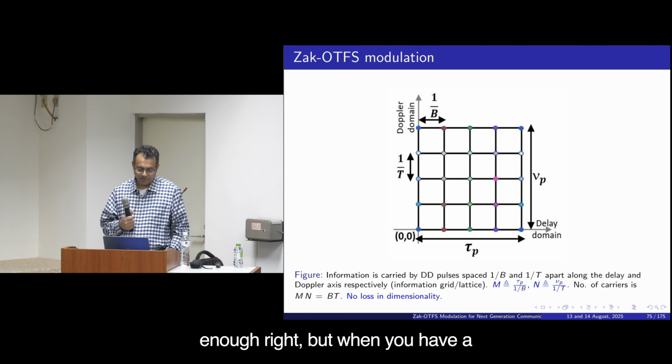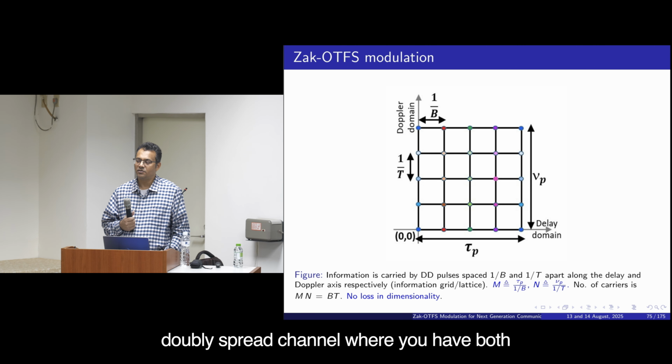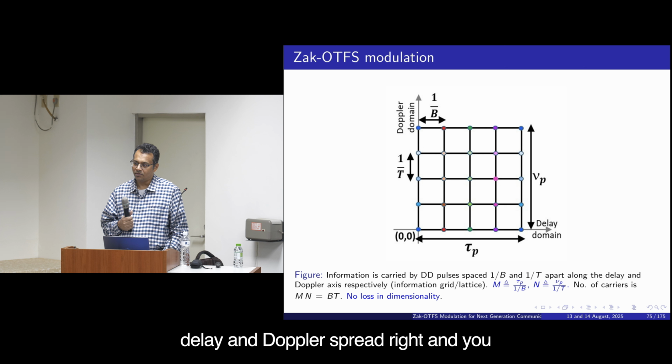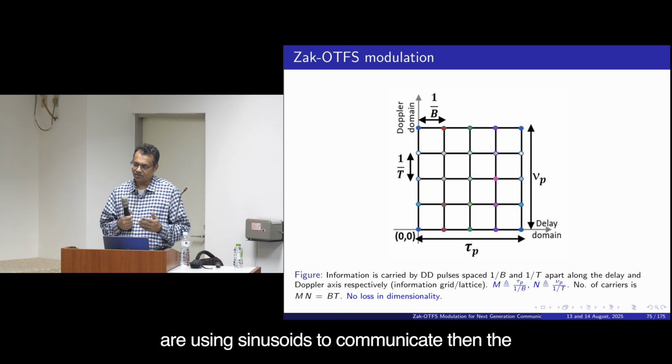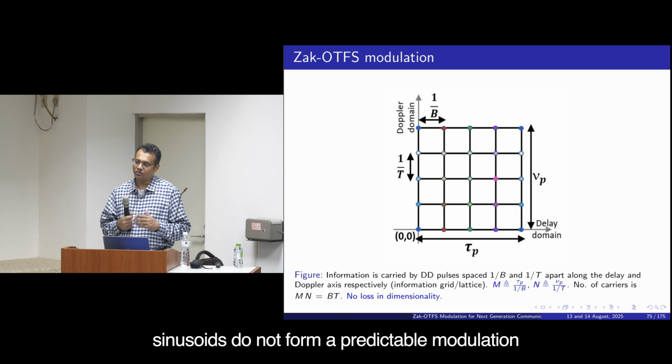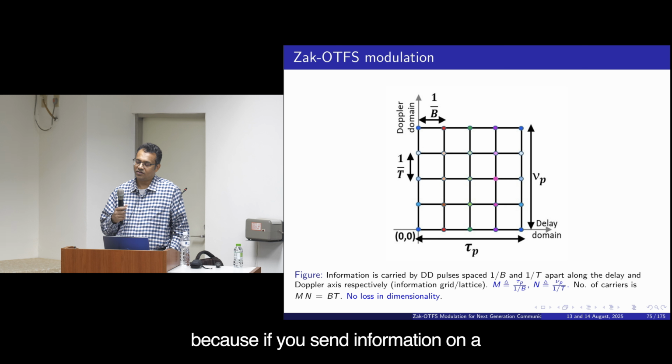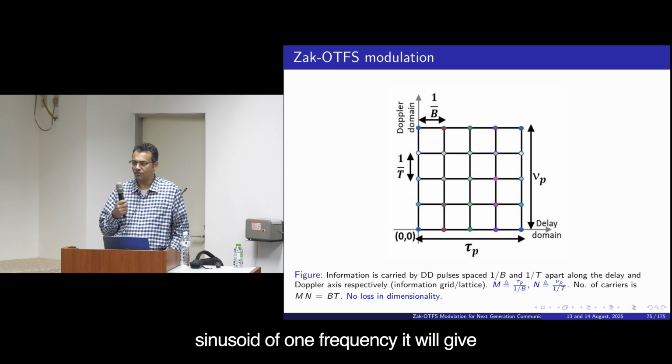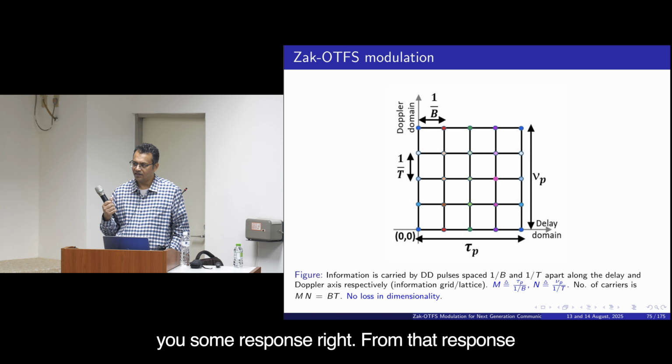But when you have a doubly spread channel where you have both delay and Doppler spread, right, and you are using sinusoids to communicate, then the sinusoids don't form a predictable modulation, because if you send information on a sinusoid of one frequency, it will give you some response, right?